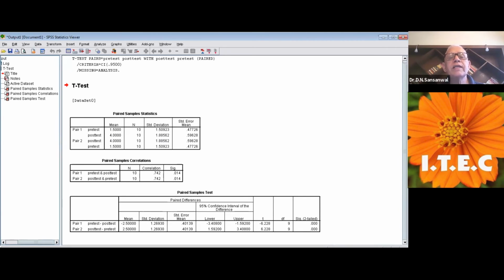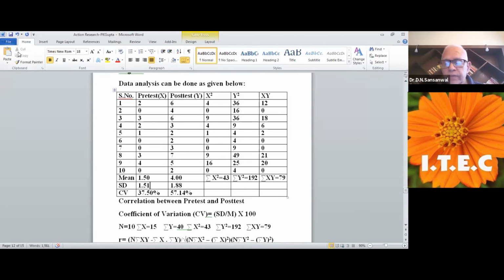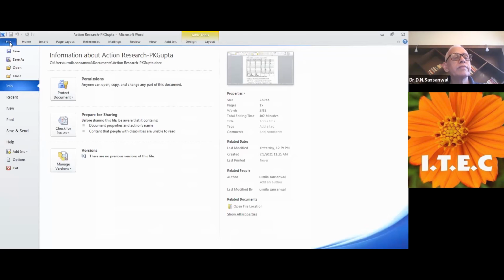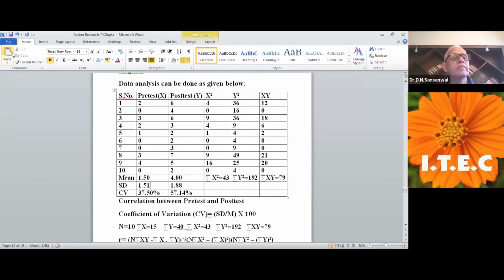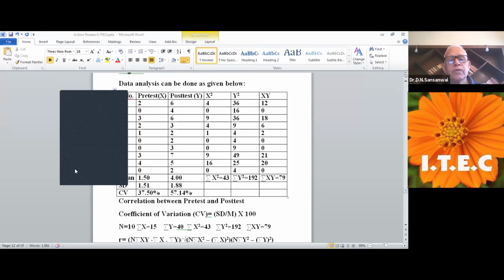Okay, let us see then. So it will be 1.51 divided by 1.5 and then multiplied by 100.